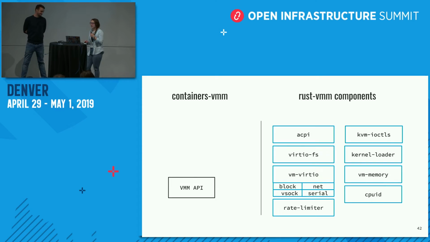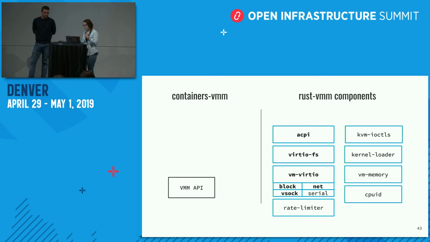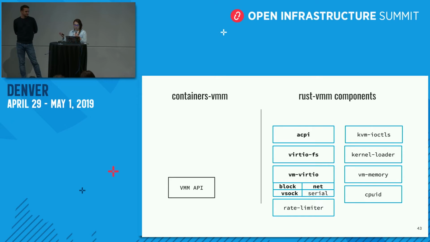Yeah, so we're starting from that. And then we can take a look at what is available in rust-vmm to decide what we need from there. And first, we are going to take the components that Samuel mentioned earlier, so ACPI, VirtIOFS, VM-VirtIO. But in order to have a functional virtual machine monitor, you need a bunch more things.